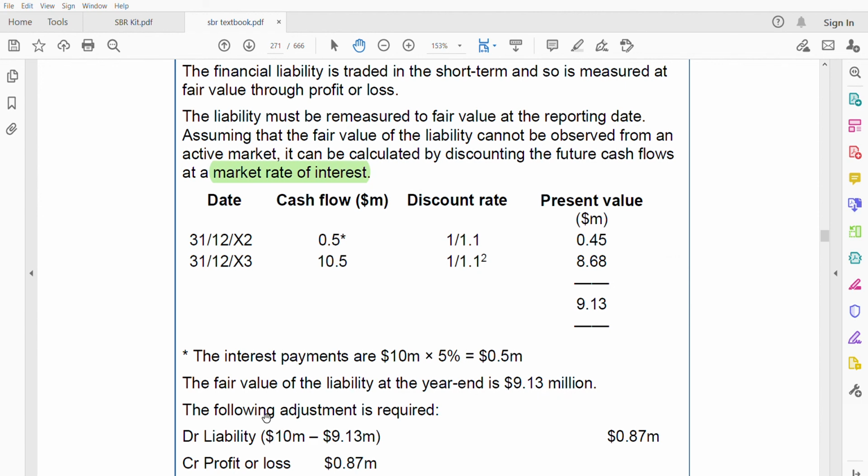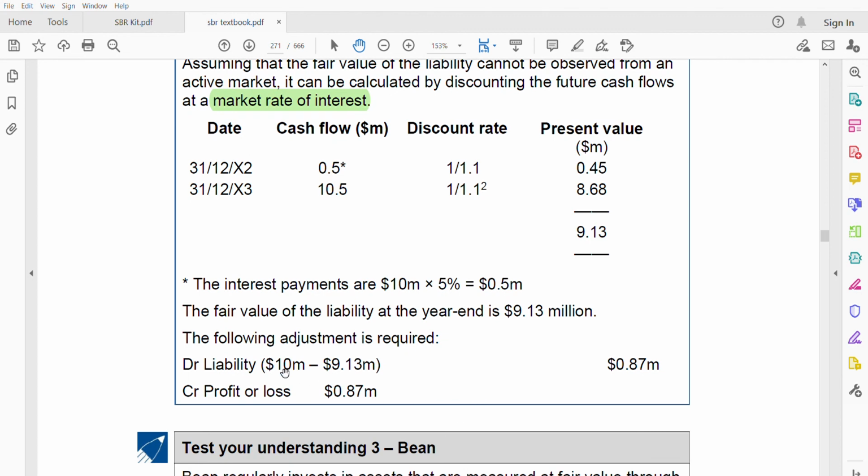What is the adjustment that is required? Remember, only for the current year, 31st December 2001, you want to know how much it will go. So when you're adjusting the liability, you have to debit liability. Liability will be reduced now.